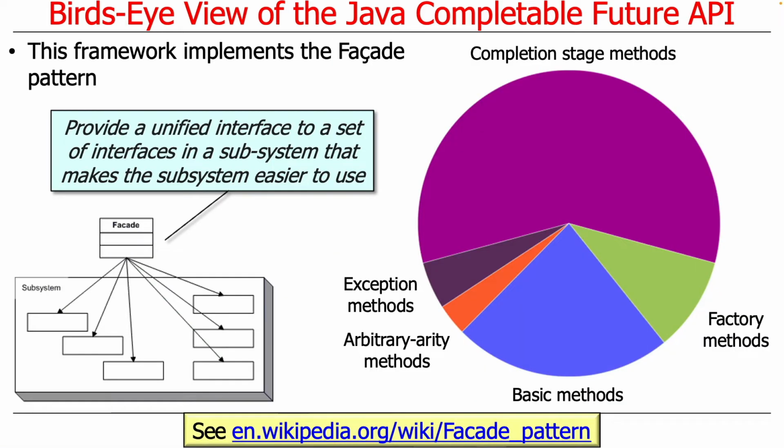You can think of this class as implementing something called the facade pattern. The facade pattern is a good old Gang of 4 pattern, from the design patterns catalog. Its intent is to provide a unified interface to a set of interfaces in a subsystem that makes the subsystem easier to use.